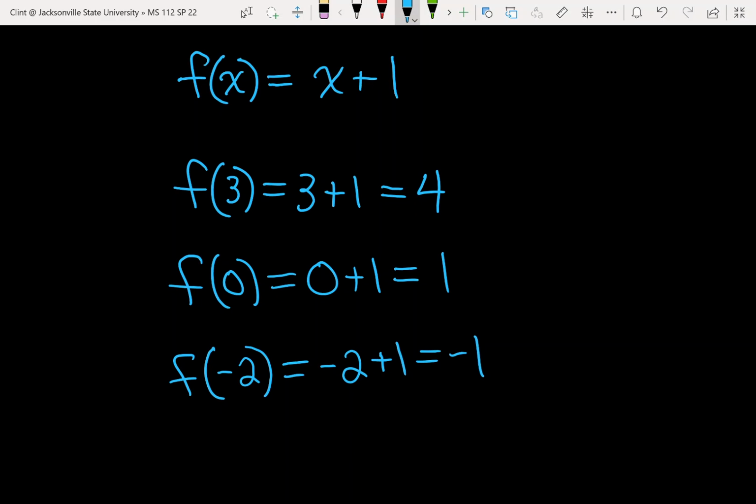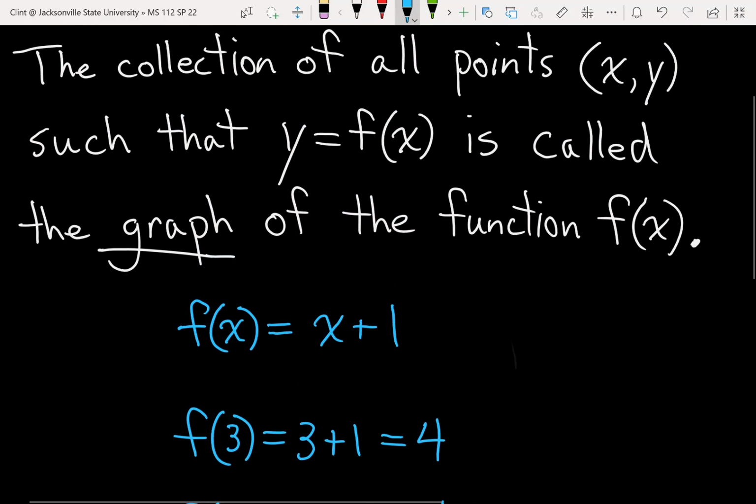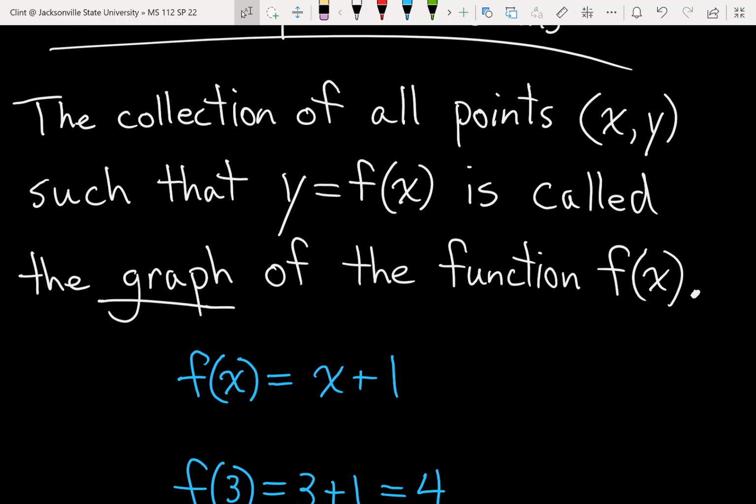Every time we do that, we're finding some pair of coordinates. We're finding a point that would be on the graph of our function. If we go back to our definition, it says all the points x comma y where we take x as our input and figure out what we get as our output for y, those are on the graph of our function.